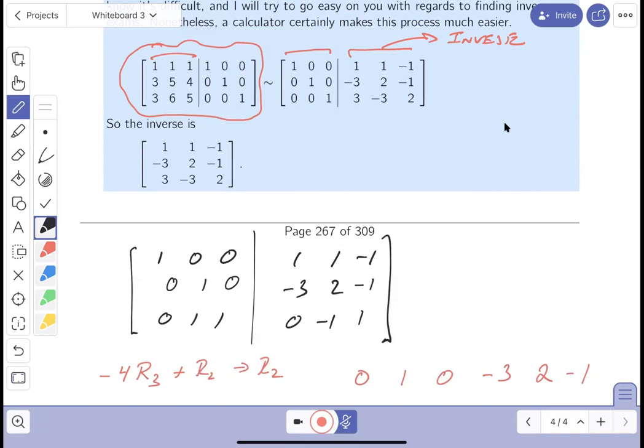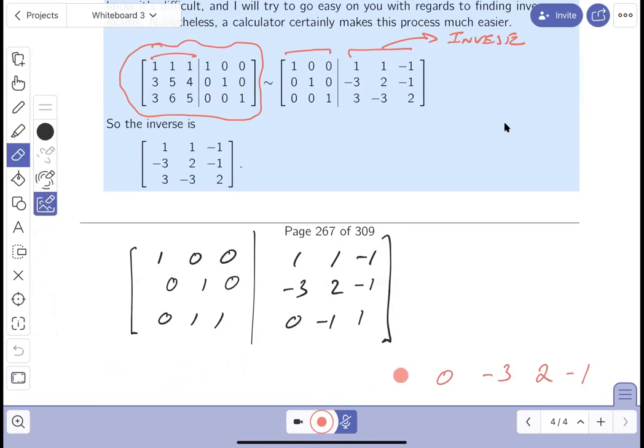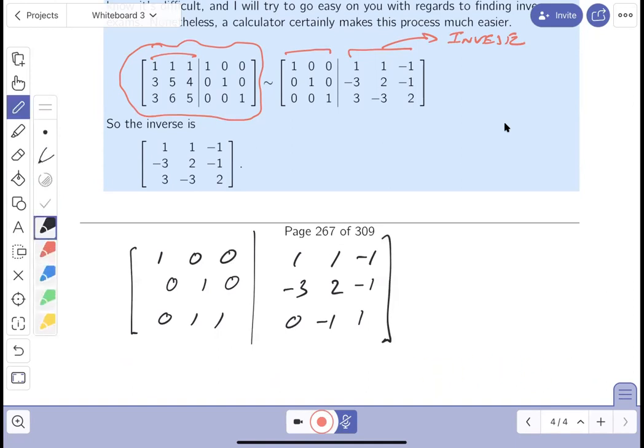All right, what am I going to do now? I guess I get another 0, right? Erase. And we're getting close. And what I'm going to do over here, I guess I would do minus 1 times row 2, add it to row 3, and give it to row 3.